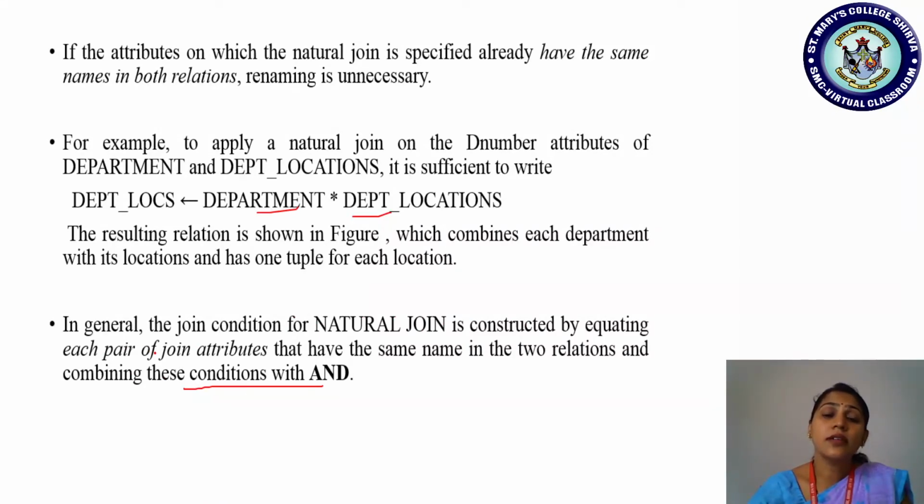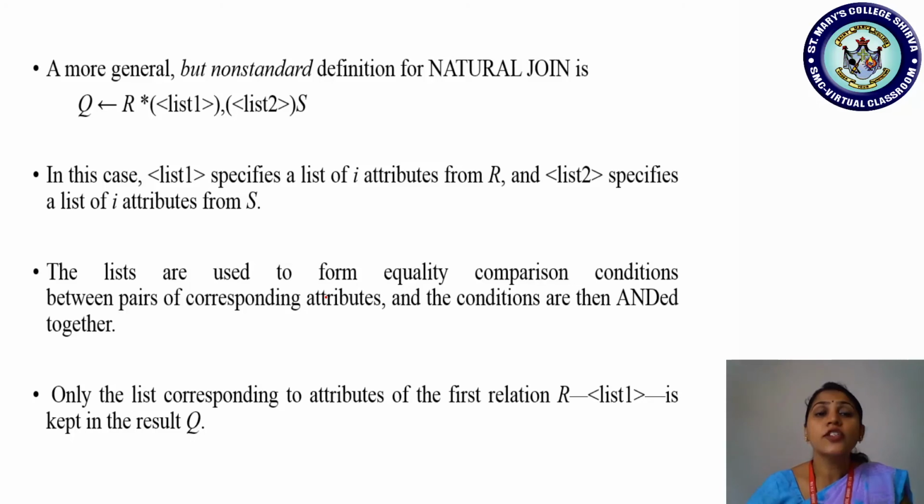For example, now D number. Here, the D number attribute was the same in both department and department location. So automatically, natural join. So what if more than one condition is present? How to apply more than one join condition in natural join?